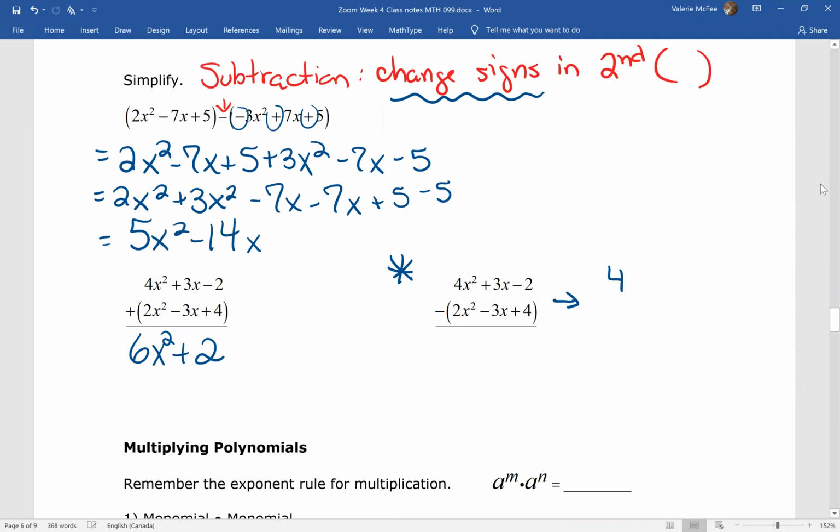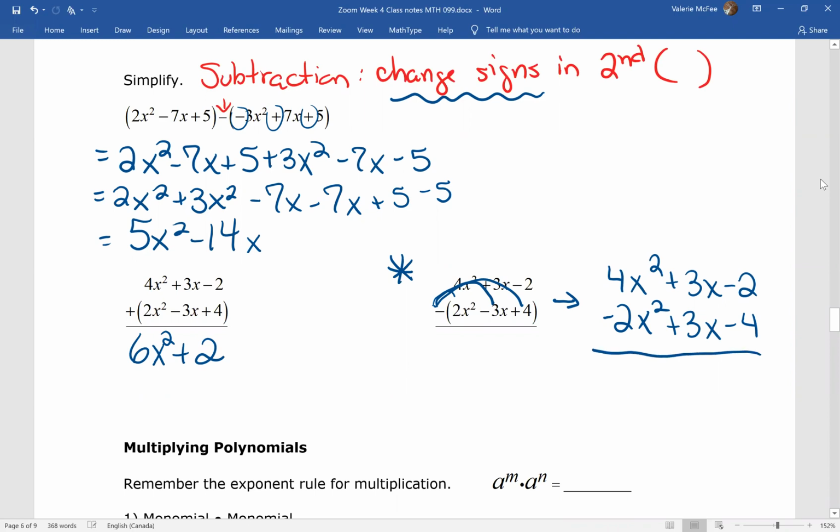So I have 4x squared plus 3x minus 2. When I open the brackets, I get rid of that minus sign, but I multiply it through. So now I have minus 2x squared plus 3x minus 4.